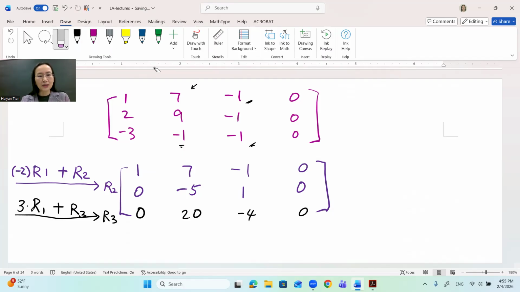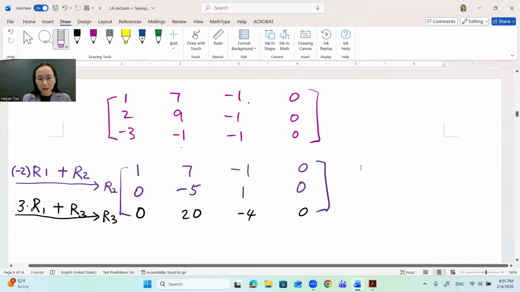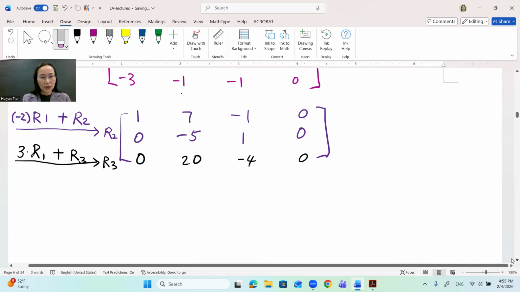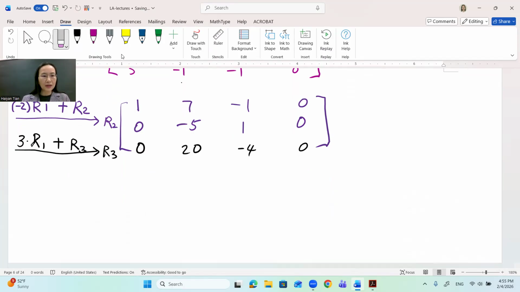So that's our current matrix after the replacement of the second row and the replacement of the third row. And we need to continue, because right now it is not yet reduced echelon form.